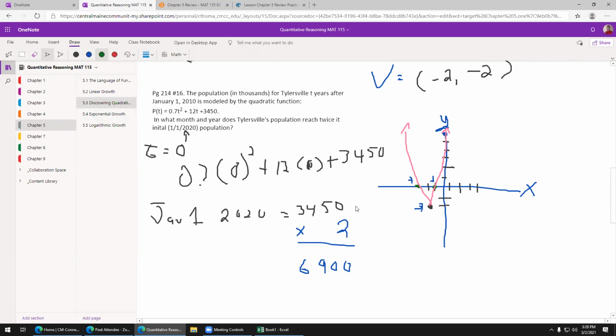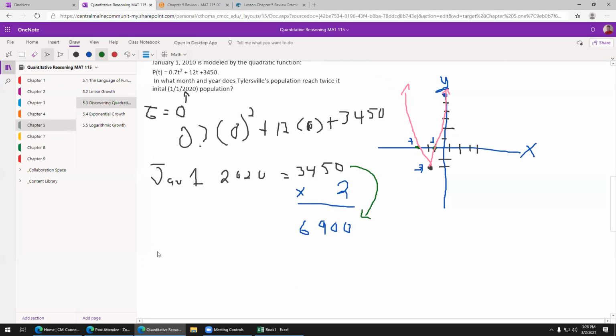So I'm asking myself, how long does it take to get from 3450 to 6900 if my population growth is based on this quadratic function, right? Well, that's where I want it to equal. So I take my quadratic equation, 6900 is where I want it to equal.